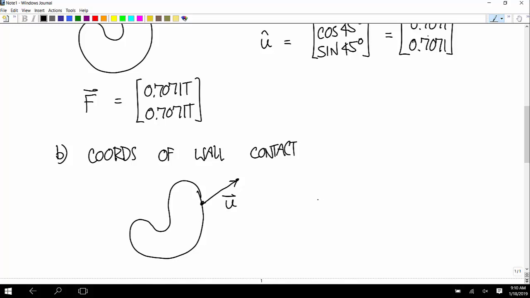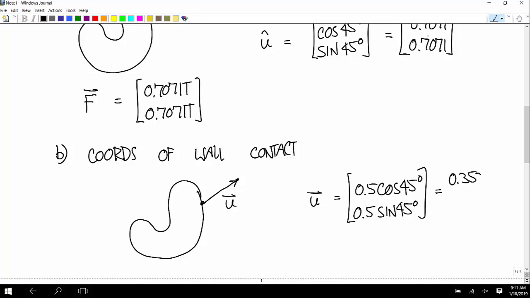So u is equal to 0.5 times cosine of 45, 0.5 times sine of 45. I'm just multiplying by that unit vector, and that is 0.3535, 0.3535.